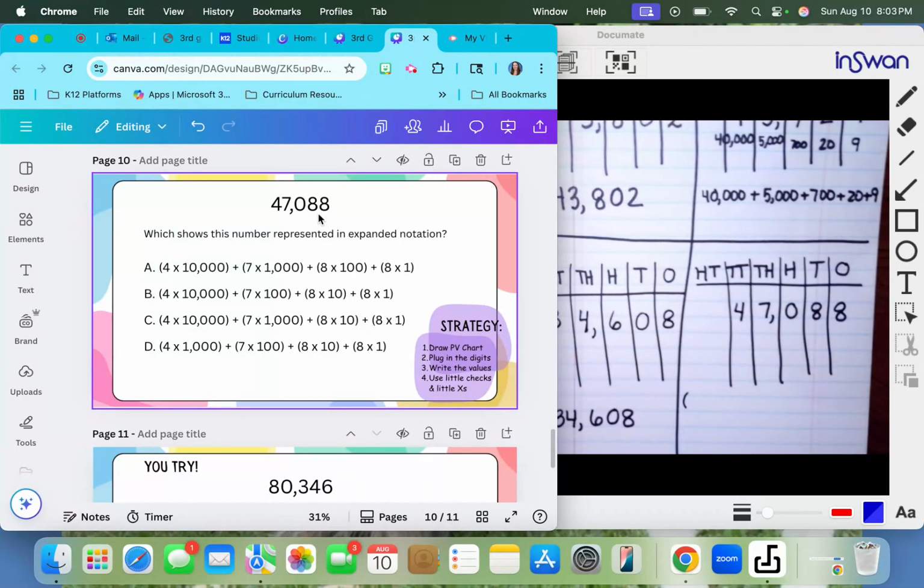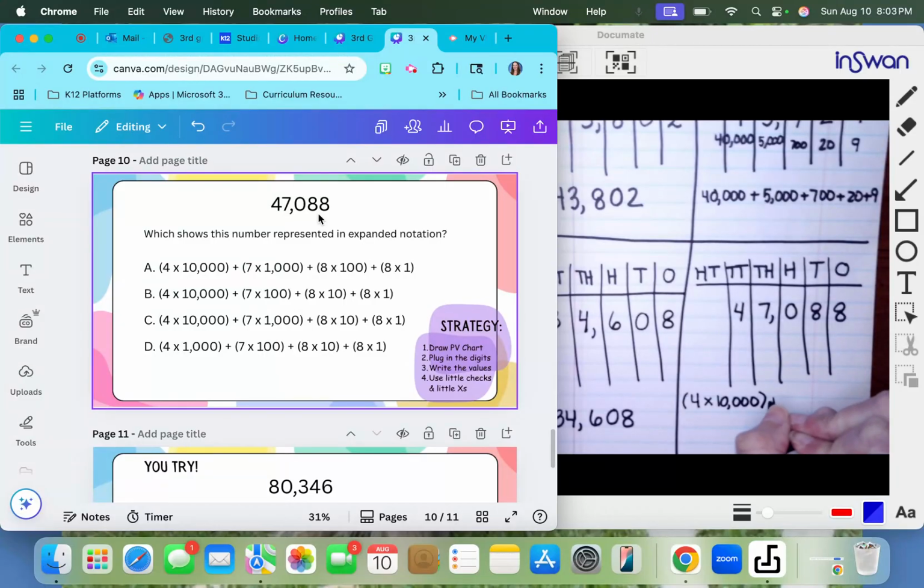So I'm going to start with my parenthesis group, 4. And I'm going to use my times sign and say, what place are we in? 10,000. So I'm going to write 10,000 and close up my parenthesis group. That's how easy it is.